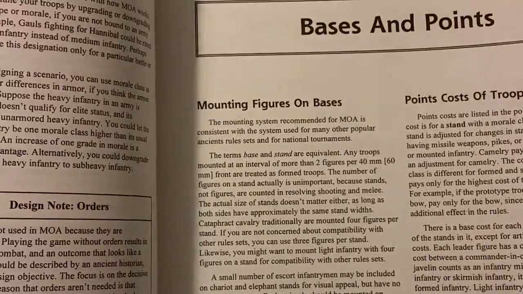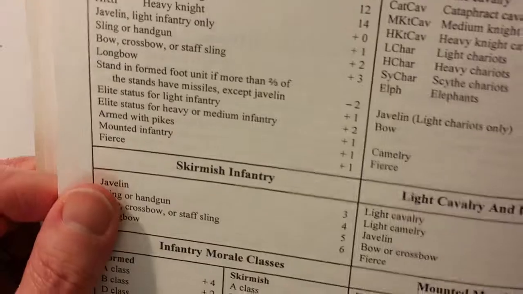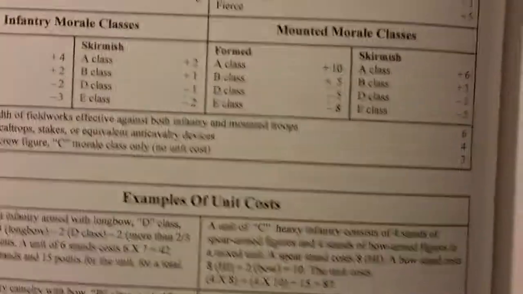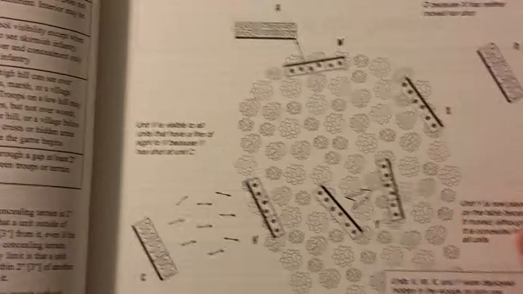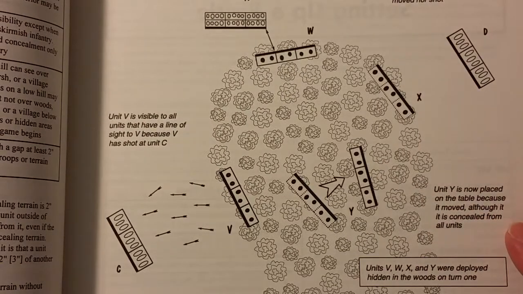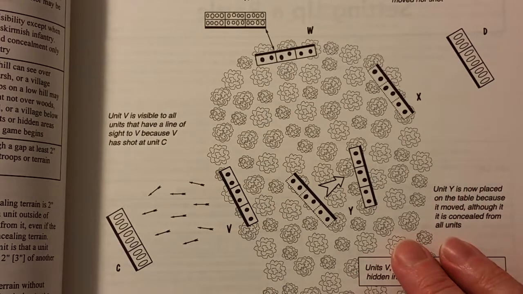Bases and points. Okay, a lot of point costs. A whole page of point costs. The battleground, types of rough terrain. Oh, nice. Full page, high quality line drawings.